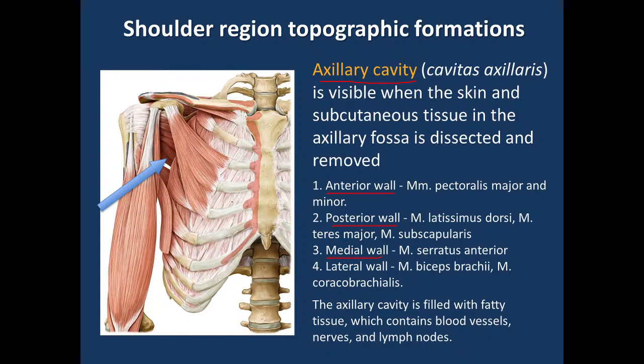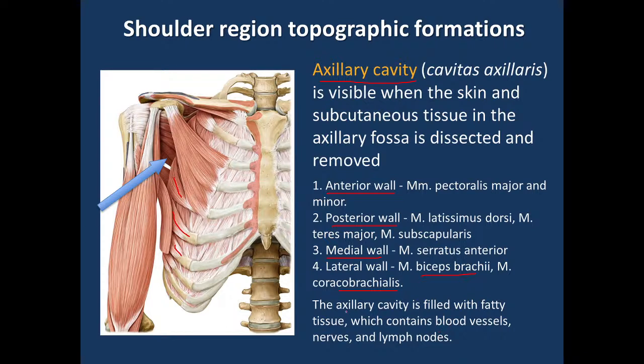The medial wall is the serratus anterior muscle, here you see it, and laterally this is biceps and coracobrachialis, two muscles of the anterior group of the shoulder.